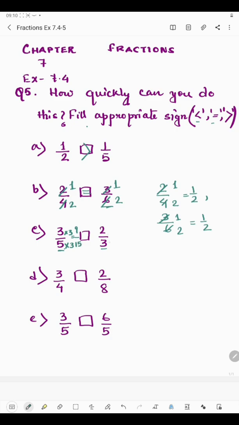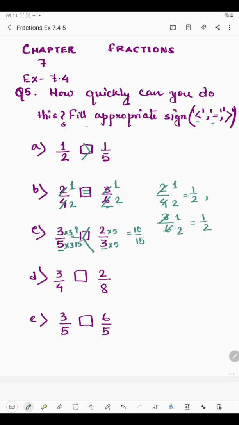And here, if you want to get 15, you will have to multiply by 5. So the same number will be multiplied to the numerator. So here we are getting 10 by 15. Now 9 by 15 or 10 by 15, which one is greater? 9 is smaller than 10, so 9 by 15 is smaller than 10 by 15. Okay, now coming to next.